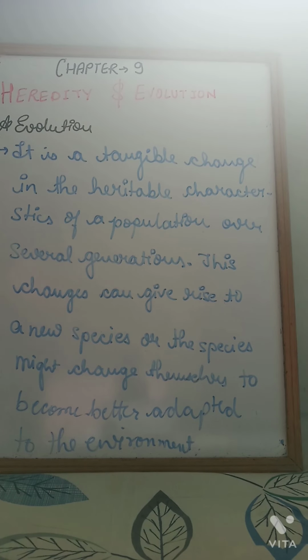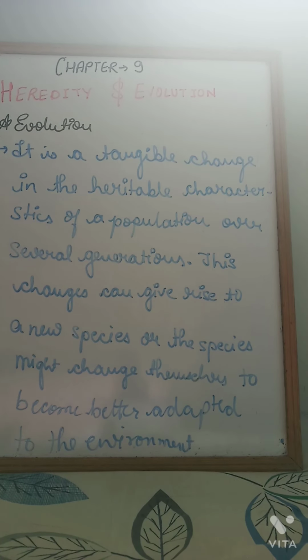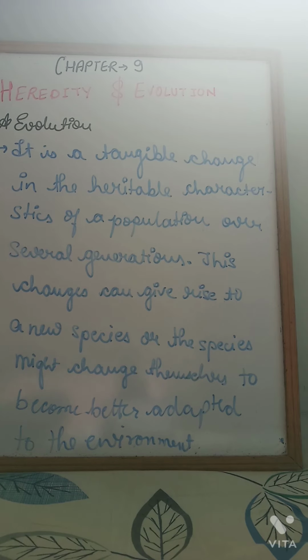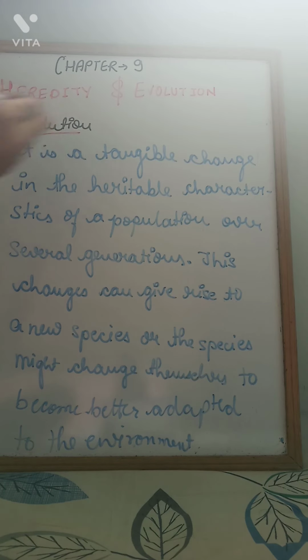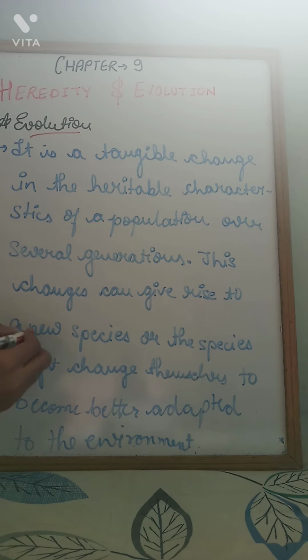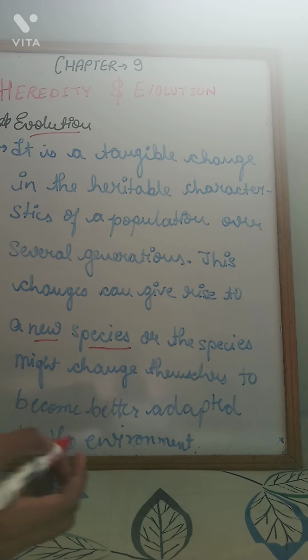Now, guys, let us talk about the second part of this chapter, evolution. Evolution is a tangible change in the heritable characteristics of a population over several generations. These changes can give rise to new species, or the species might change themselves to become better adapted to the surrounding environment.